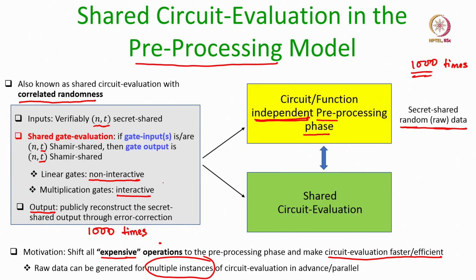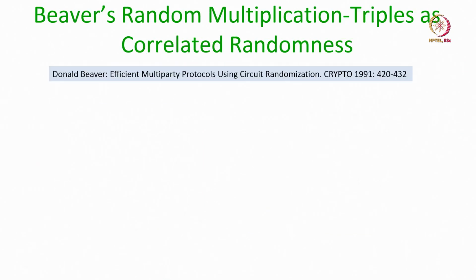But now what we are proposing here is a method where we could have actually preponed a lot of expensive computations to the pre-processing phase, with a hope that later when the multiplication gates need to be evaluated, they can be evaluated without solving the degree reduction problem, or even if we want to solve the degree reduction problem, it is not computationally expensive.